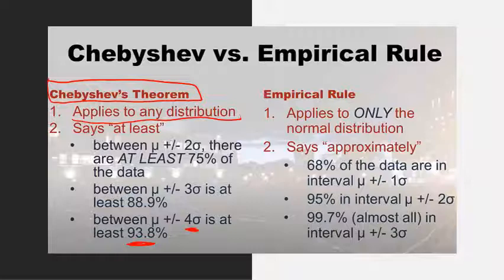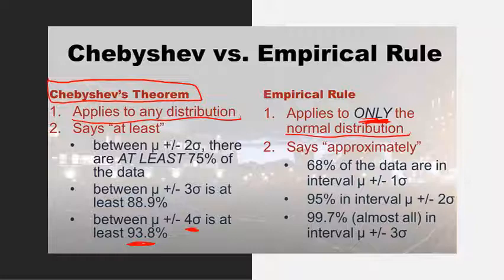All right, now we're going to look at the empirical rule. The empirical rule only applies to normal distribution. So if you know you have a normal distribution, great, the empirical rule is going to be really, really useful for you, because it gets very, very specific.